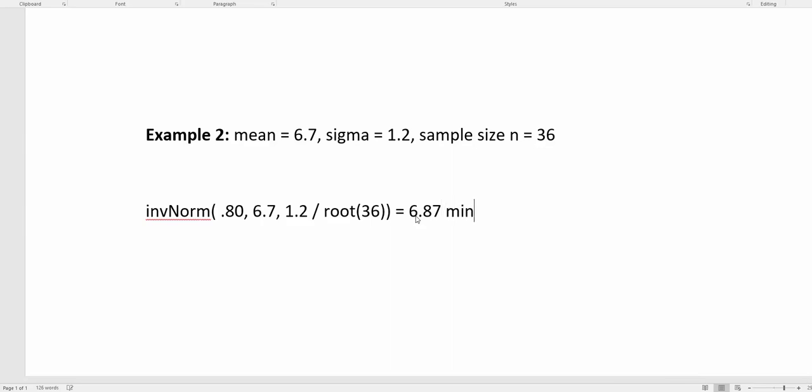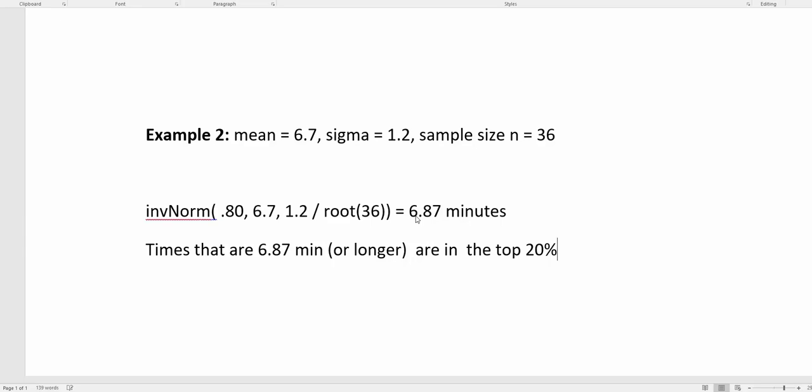So what does it mean? Times that are 6.87 minutes or longer are in the top 20% of all times.